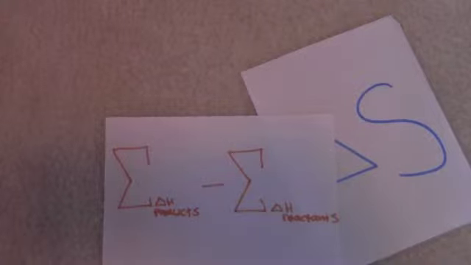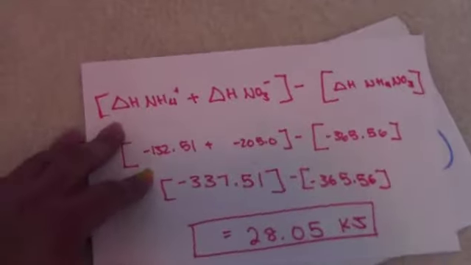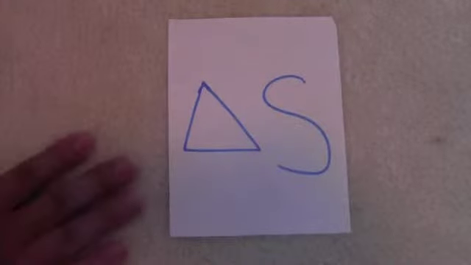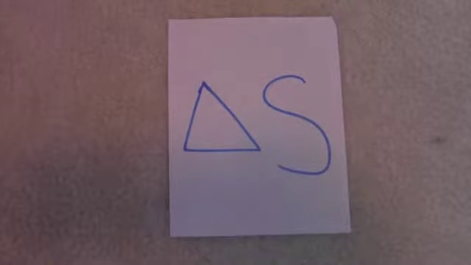So if you want to know, we would just do these kinds of calculations again, only instead of using delta H, we would be using delta S for each product and each reactant. Now, you don't have to do this if you don't need to find the exact number that goes with delta S. So instead, we can do the following by deducing what delta S might be depending on what kind of products you have from what kind of reactants you have.